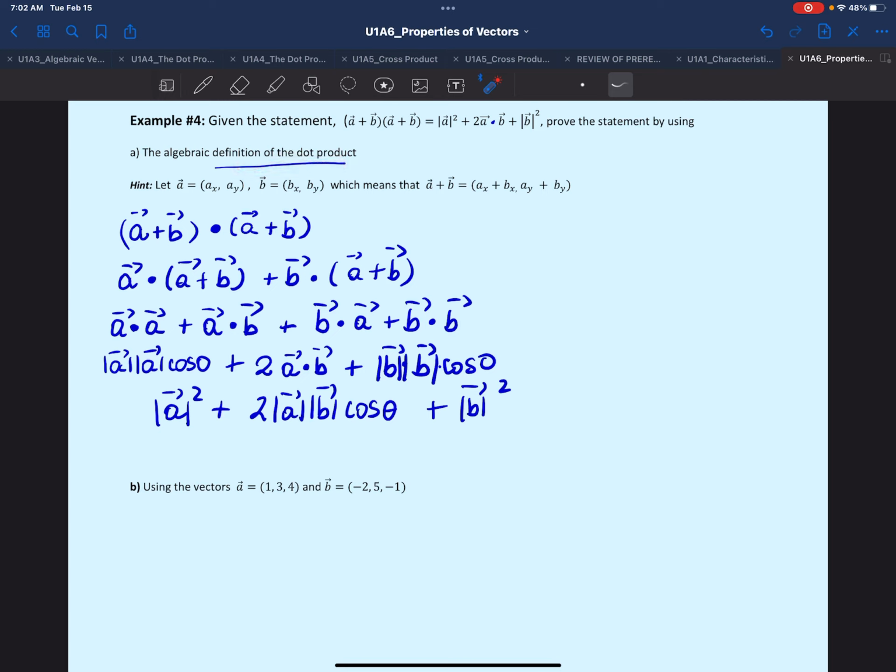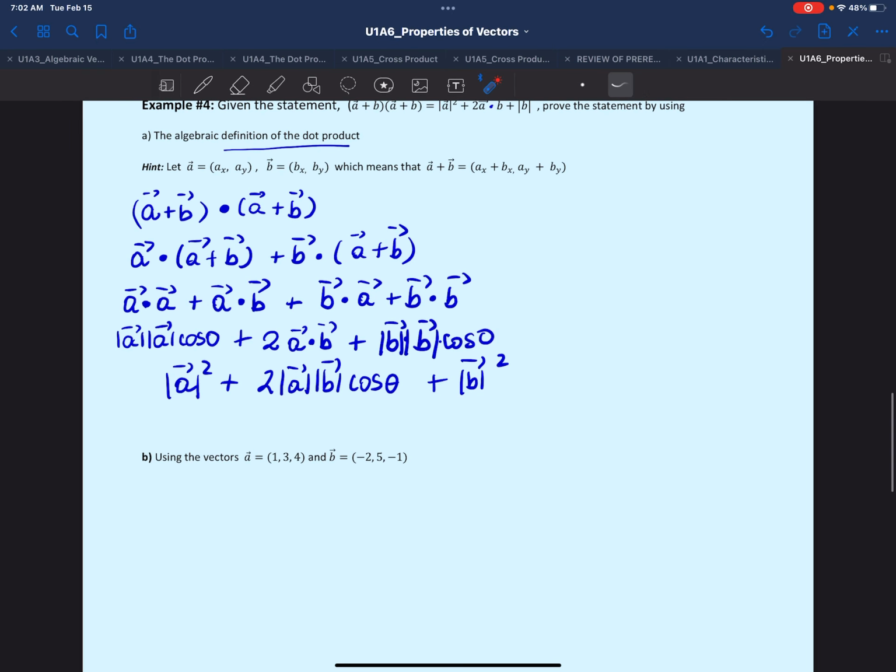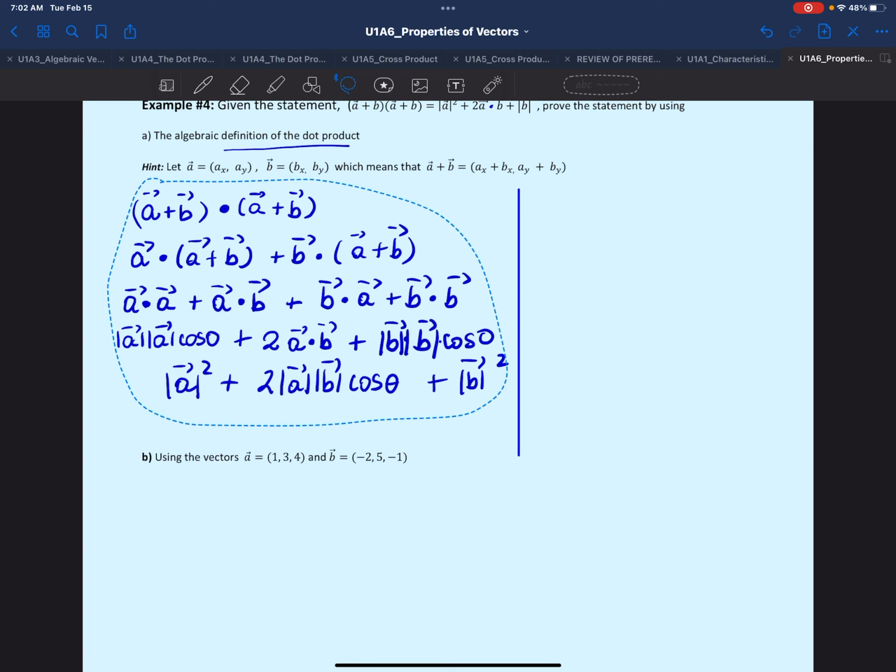Now, another way would be by simply letting A be represented by AX, AY, B by BX, BY, which means that A plus B would be AX plus BX, AY plus BY. So let's get to work. I'm going to make this a little smaller actually so that we have a bit more room.